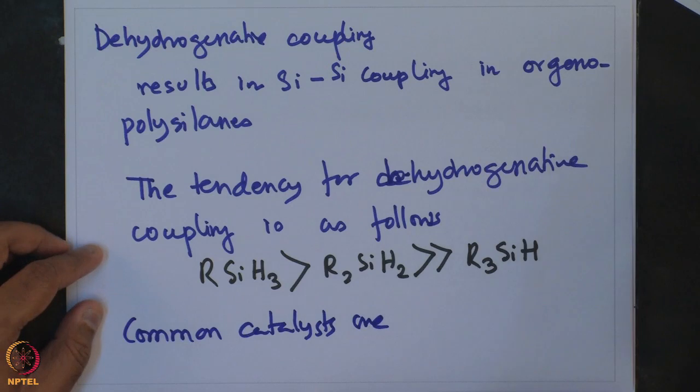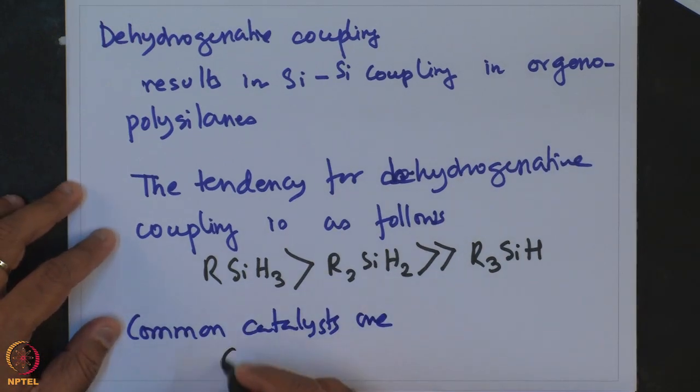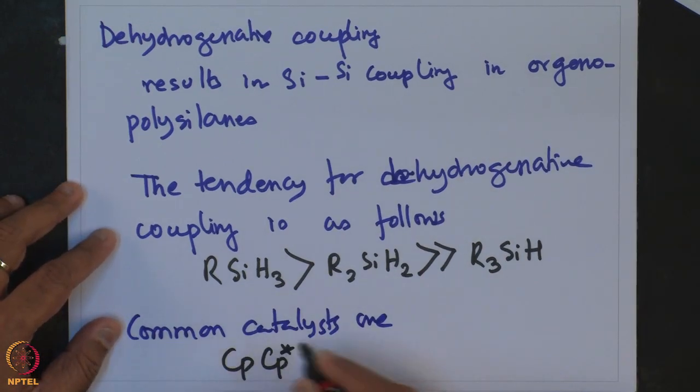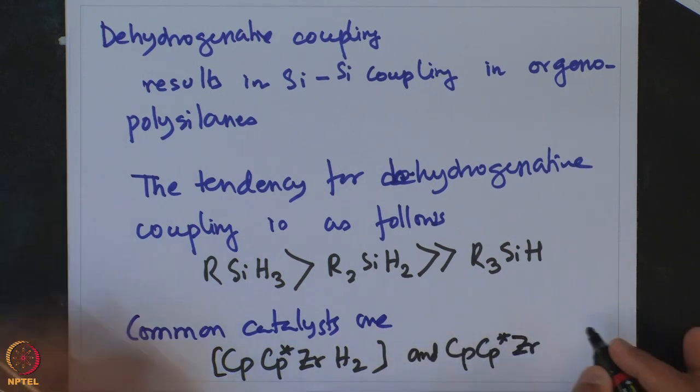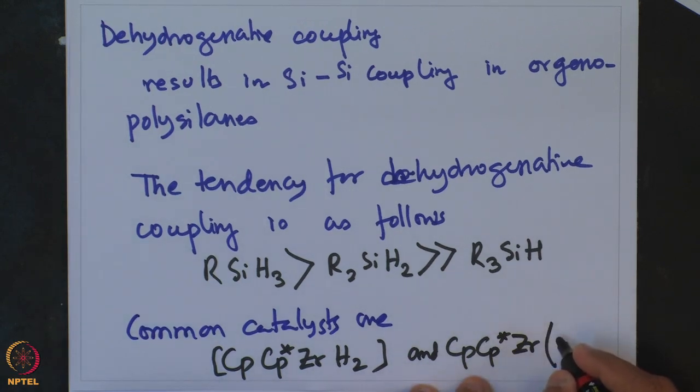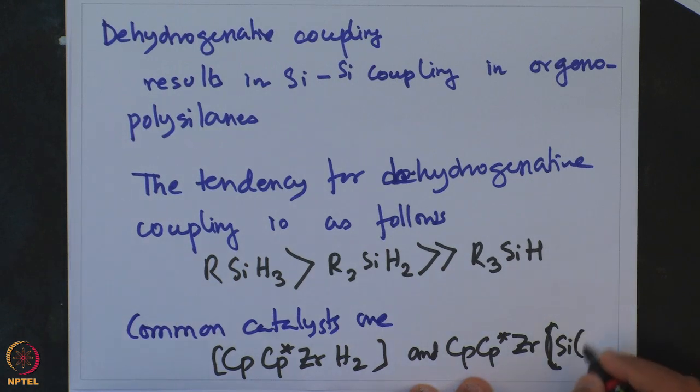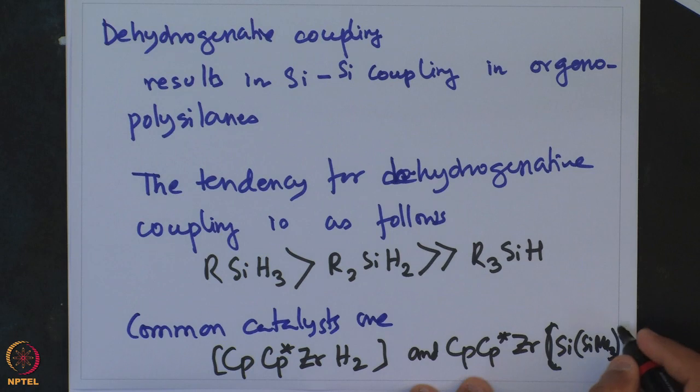The common catalysts are mixed Cp metal hydride complexes like Cp Cp* ZrH2 and Cp Cp* Zr(SiMe3)3 Me.